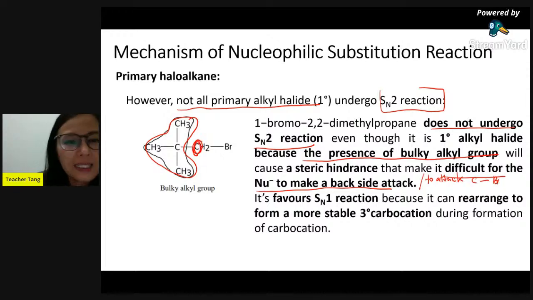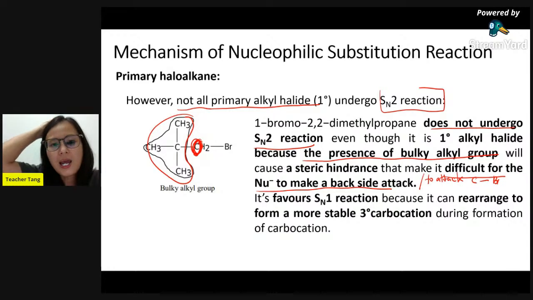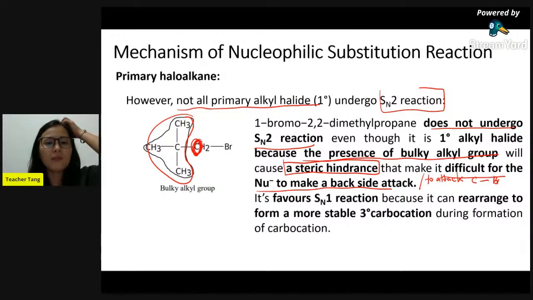This big alkyl group blocks the nucleophile from attacking this carbon. This effect is what we call steric effect or steric hindrance.